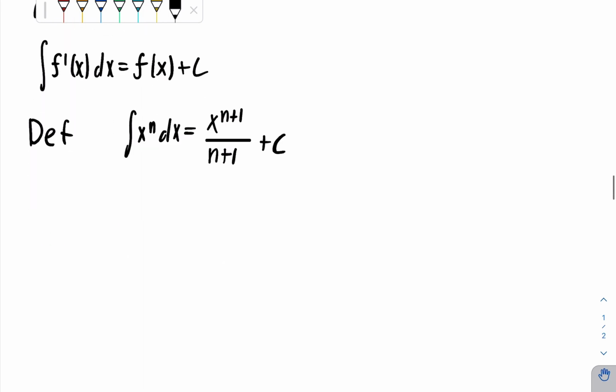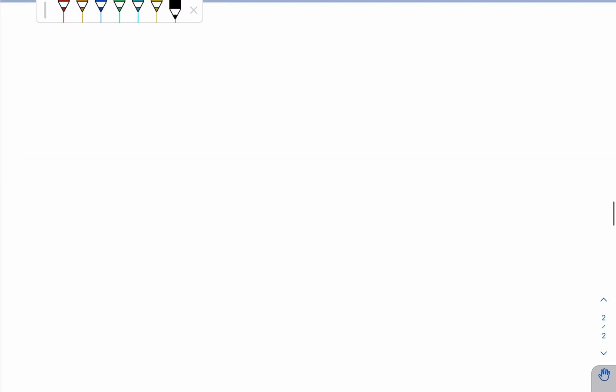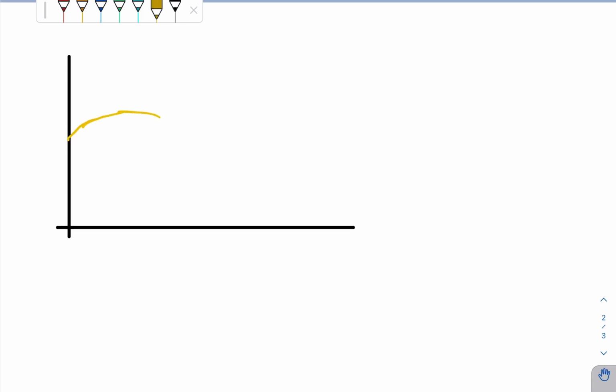So let's say that we'll go to a new page, so that I have a graph, a function, and I want to find the area between here and here.